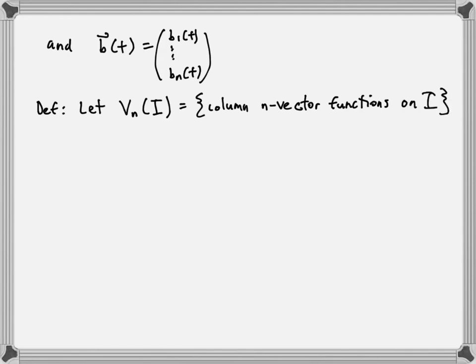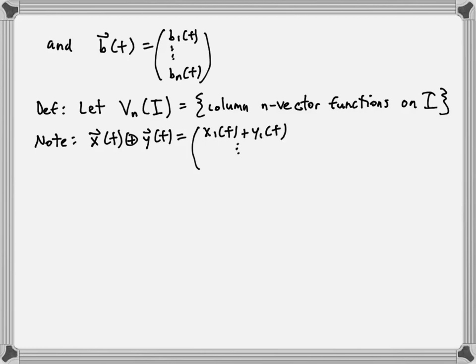So note we do have addition in this, right? How would you add two of these guys in the vector space? Well, as you can imagine, we just add the functions one by one. Oh, that should be a t.